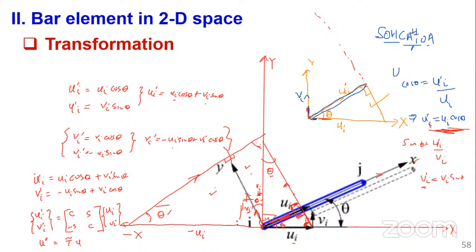So you can see you have been able to transform the deformation in local coordinate system to global coordinate system using a transformation matrix. But this transformation matrix is not complete because we just transformed this node I. The same will happen when we come to J.